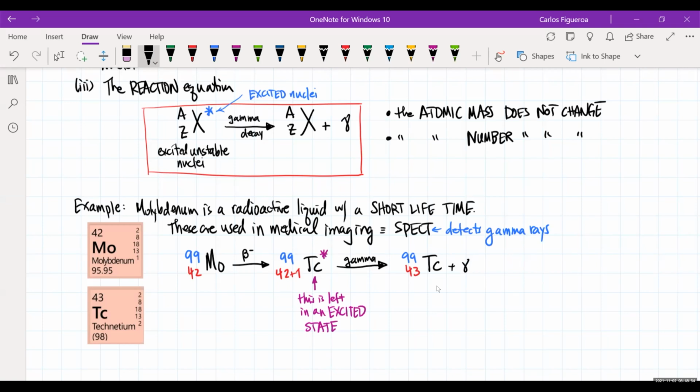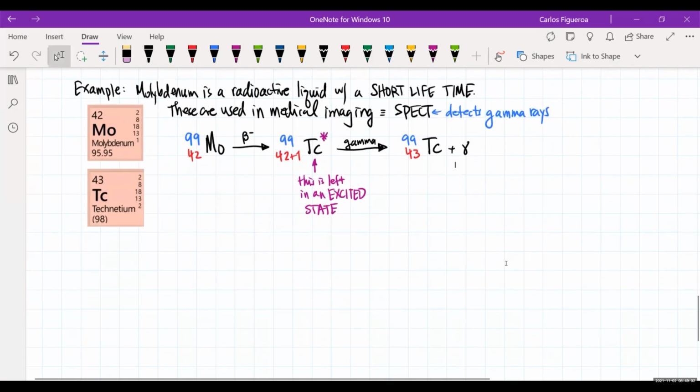So the question is, what does this picture look like? Molybdenum starts right here, and this one is now going to beta decay. So it goes this way, and it emits a beta minus particle.